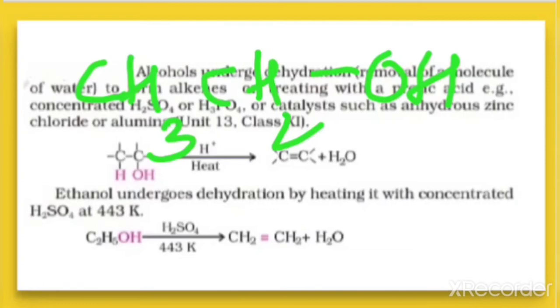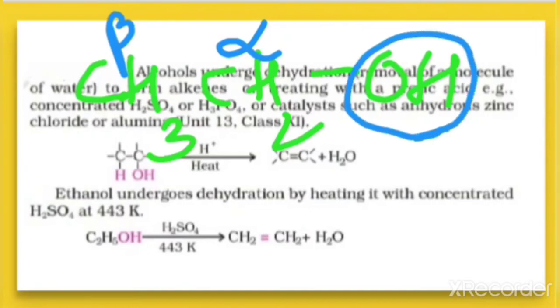Ethanol can be written as CH3CH2OH. Now when you look at this, which one is the alpha carbon? This is the alpha carbon because the OH group is attached on this carbon, and this one is the beta carbon. So here there is removal of the OH group from the alpha carbon, that is cleavage of the CO bond takes place, and one H is removed from the beta carbon. What does it result in? It results in the formation of alkene. How?